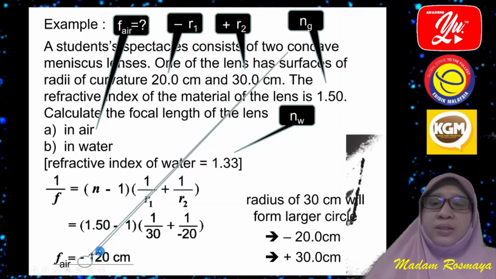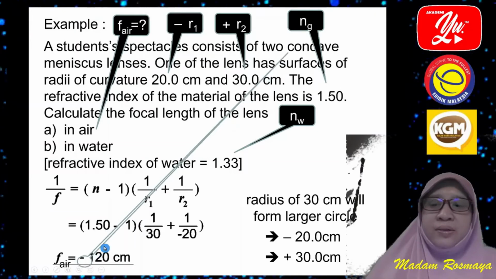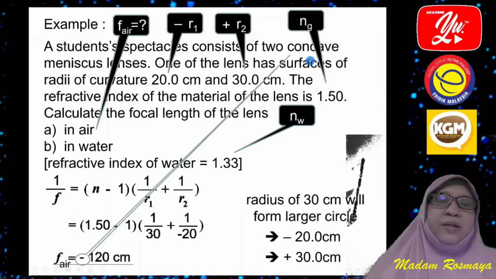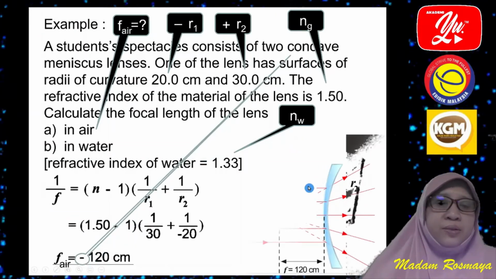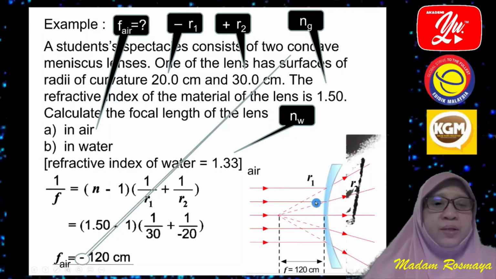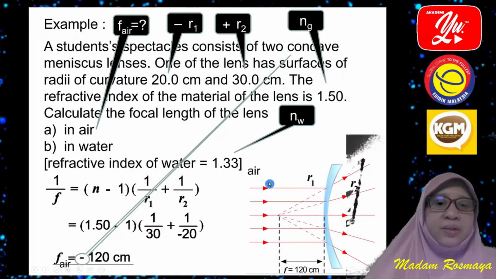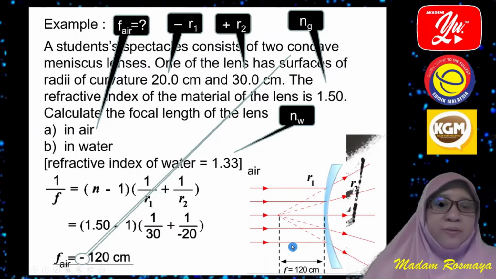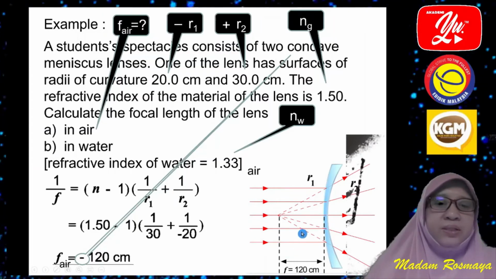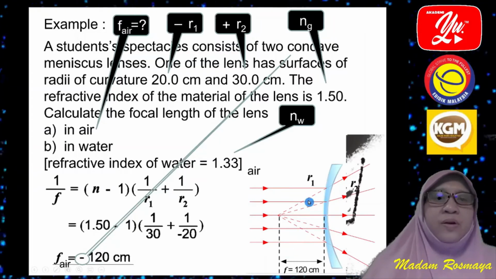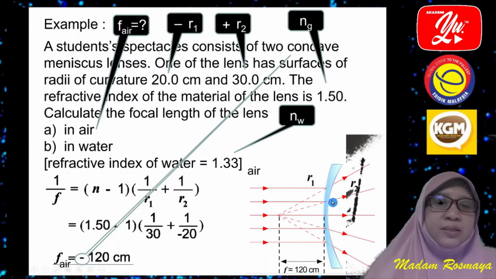So the answer is correct because we get negative. To draw the ray diagram, you can imagine it's like this. The focal length here is 120 centimeter for a concave meniscus lens.